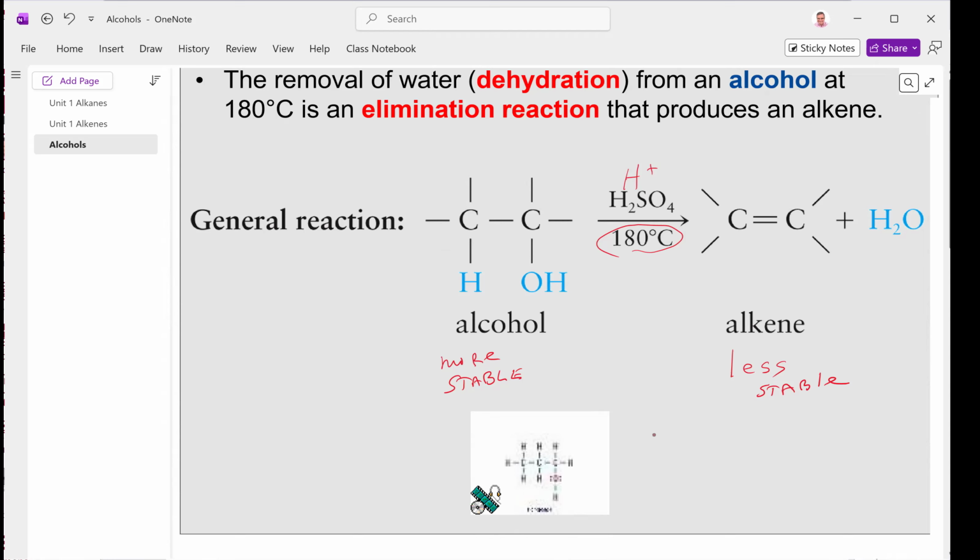We're going to eliminate water. We're pulling water off that alcohol. When we pull water off the alcohol under high temperature, we end up with an alkene. So when we go from stable to unstable, it requires energy. If we're going from unstable to stable, it doesn't require any energy.